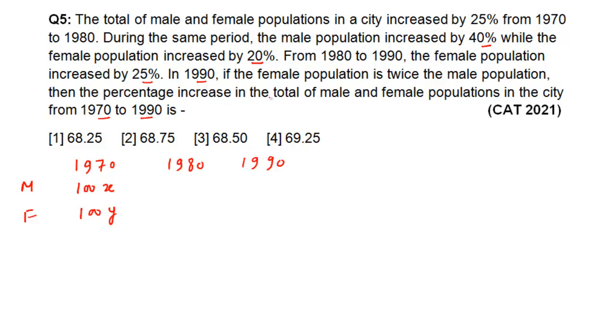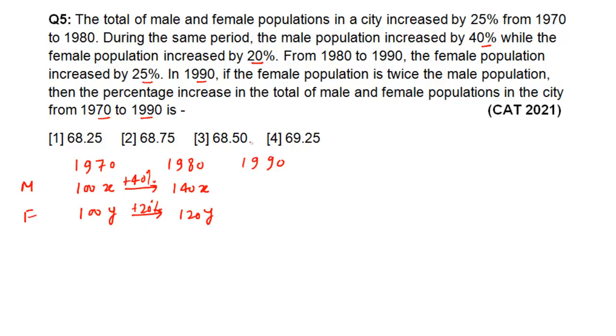What is given is a 25% increase from 1970 to 1980, but for the male population the increase is 40%. So a 40% increase here means this is 140x, and the female population increased by 20%, so that is 120y.